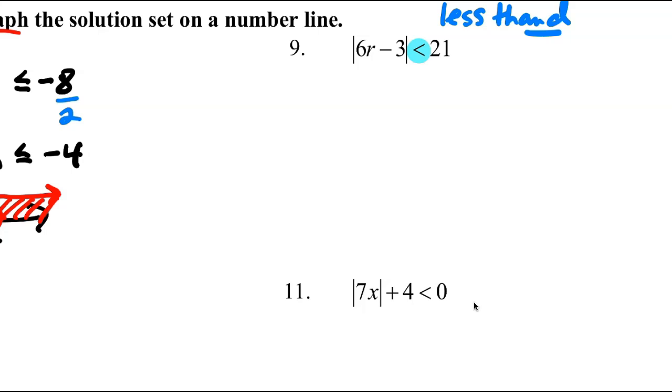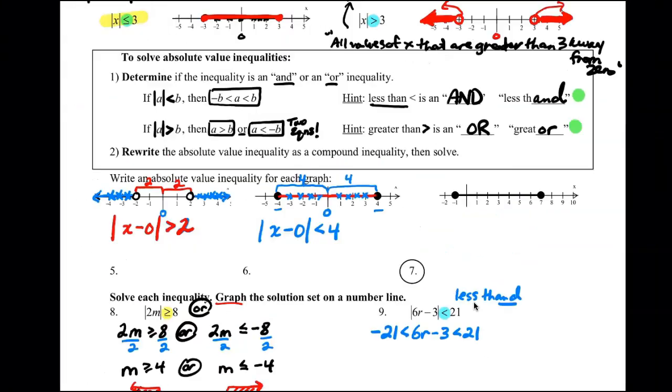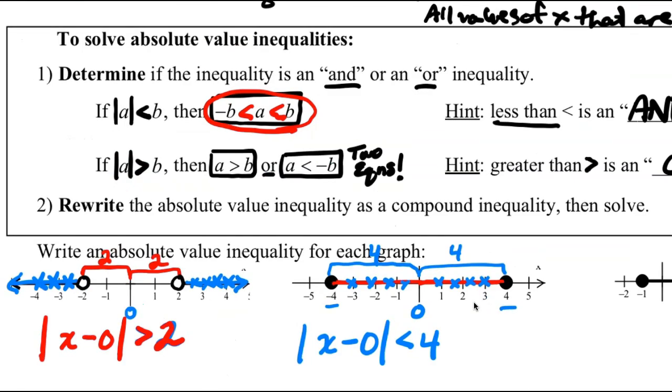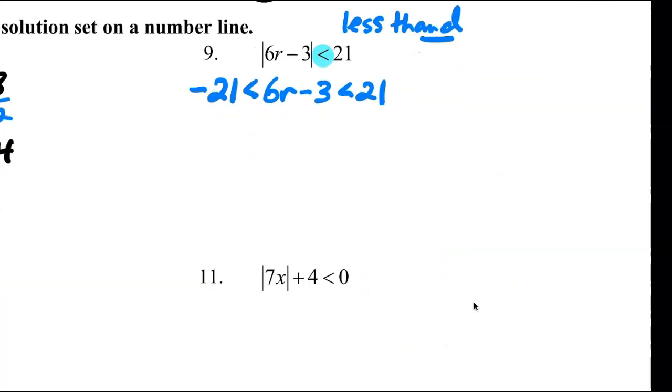So the two equations we write will be 6r minus 3 is less than 21, and negative 21 is less than 6r minus 3. So this setup matches what we had up here. The inequalities both point to the left, and one of the b's is positive, but the other b is negative.